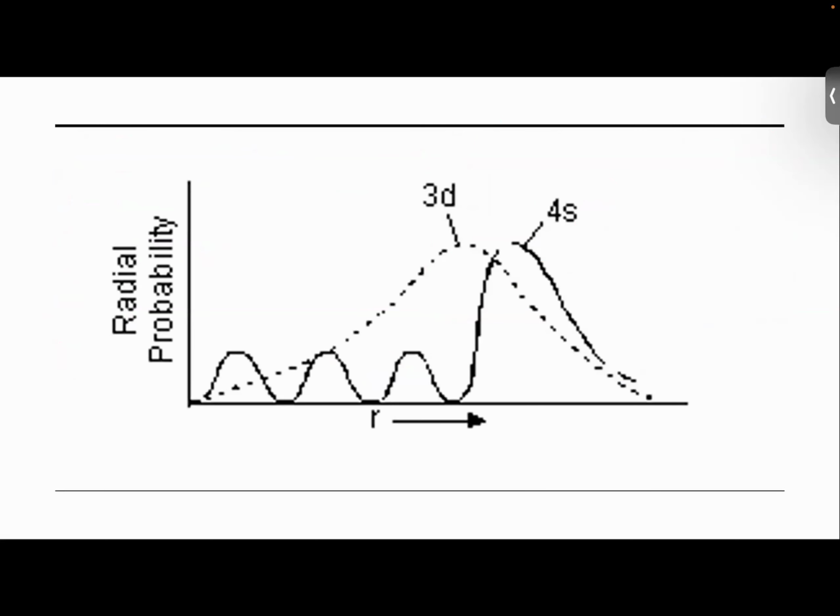Now, again, I said the 4S wound up filled before the 3D. Everything, folks, is all about what the Schrodinger equation gives us. If I look at the 4S, which is the solid line, compared to the 3D, which is the dotted line, you will notice that this little amount of the 4S got filled before the 3D.